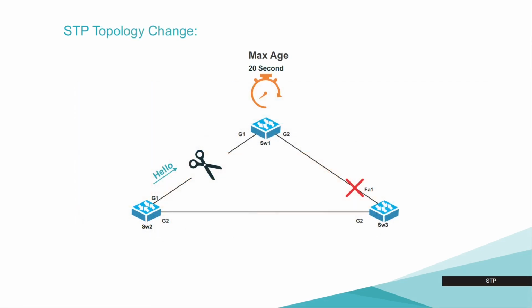So if an interface goes down in our topology, our switch will wait the 20 seconds. During that time, if our switch didn't receive any hello message, it will wait until 10 messages are not delivered to it. It will consider that there is a change on the topology. It will take 15 seconds also in order to move the blocked port to forwarding state.